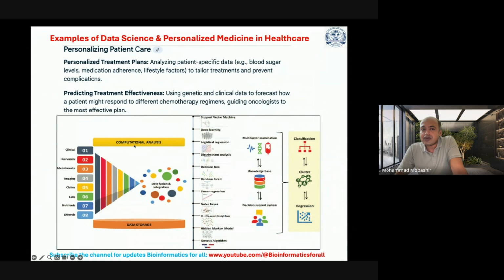For example, computational analysis. You need clinical, genomics, metabolomics, imaging, claims, and then labs, nutrients, lifestyles. Then you go for some kind of machine learning application. For example, SVM, support vector machine, deep learning, logistic regression, then discriminant analysis, decision tree, random forest, or linear regression, naive Bayes, k nearest neighbor, hidden Markov model HMM, genetic algorithms, or ANN, artificial neural network.